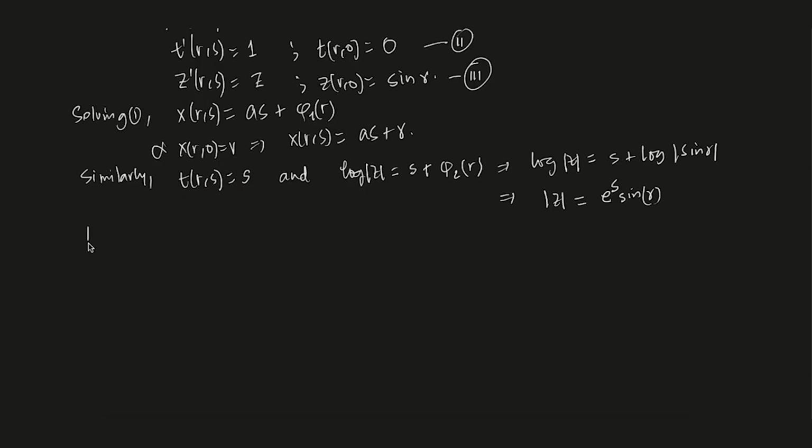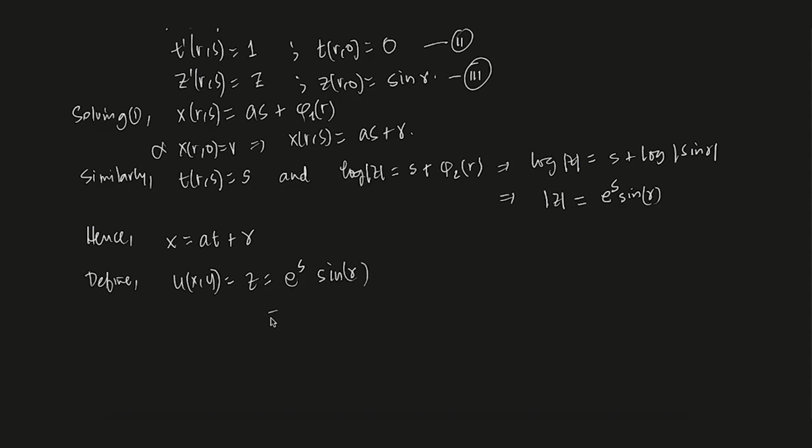So hence, from 1 and 2, x is As plus R and t is S, so x equals At plus R, right? This is what I am getting from these two, and z is this. Now define u of x, t to be your z, which is given by e to the power S sine of R, right?